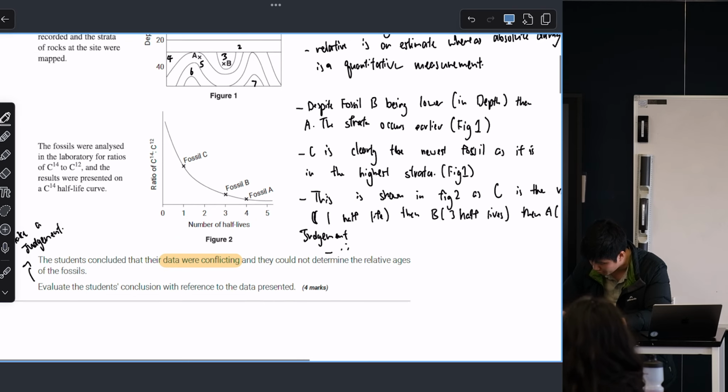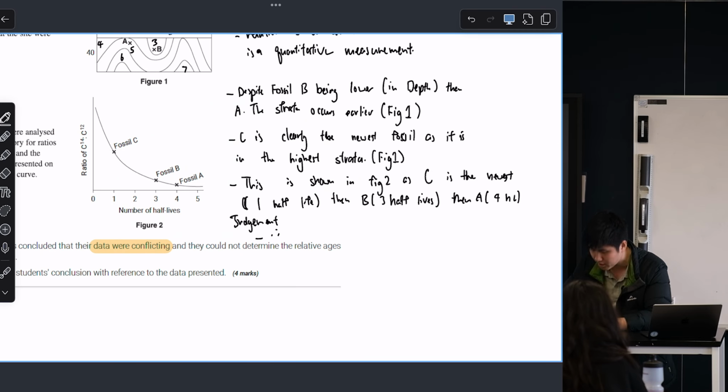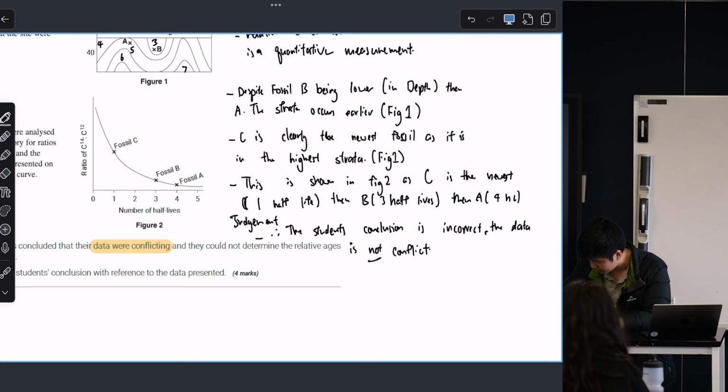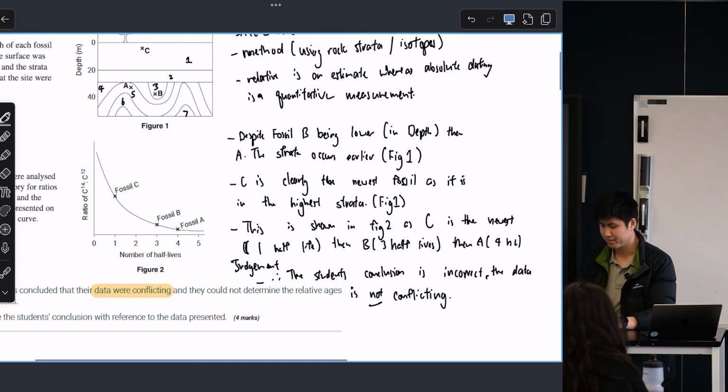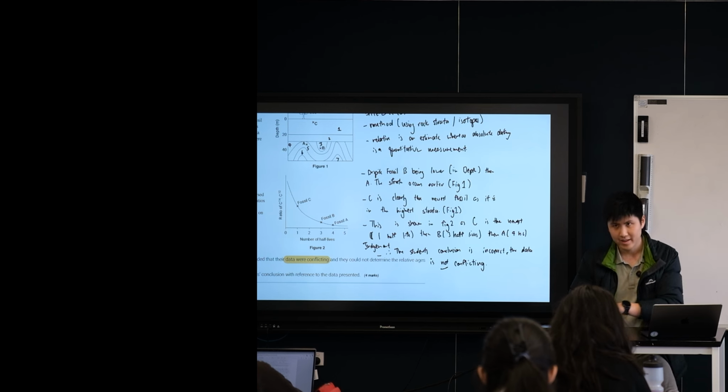So I'm just going to say, therefore, the student's conclusion is not correct. Is incorrect. The data is not conflicting. Cool. All right. Thanks, everyone.